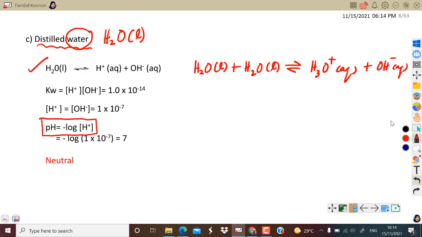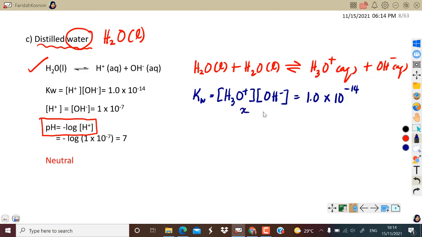So, daripada equation ini, we know that the Kw is the ion product constant of water, which is equal to the concentration of hydronium ion times concentration of hydroxide ion. Dapat satu nilai constant which is 1.0 times 10 to the power of negative 14. Dan tadi saya dah ajar bahawa dengan menggunakan matematik, ini adalah x squared which is equal to 1.0 times 10 to the power of negative 14.